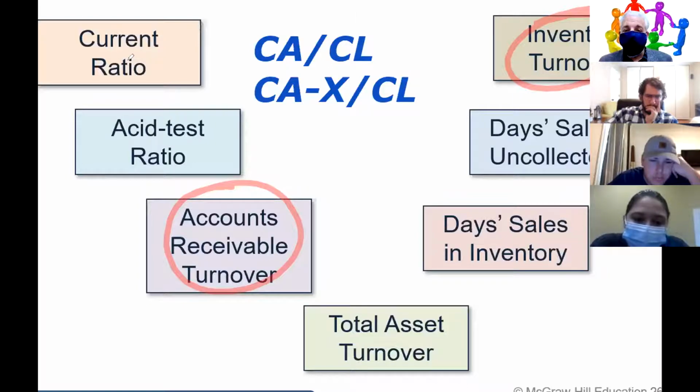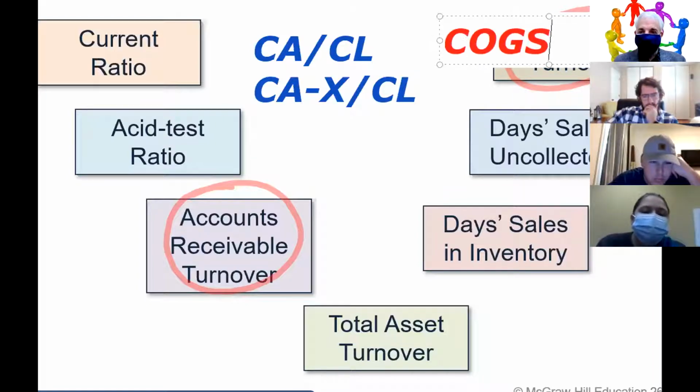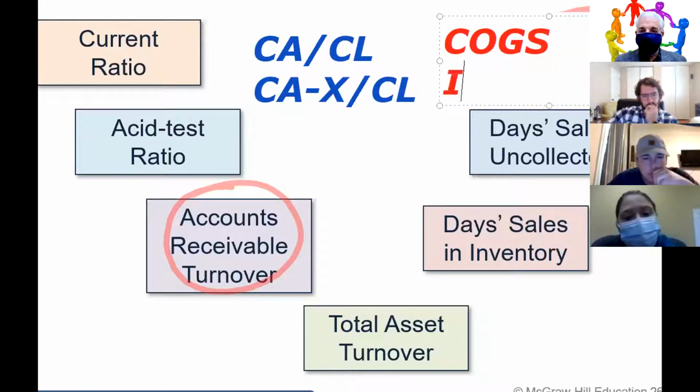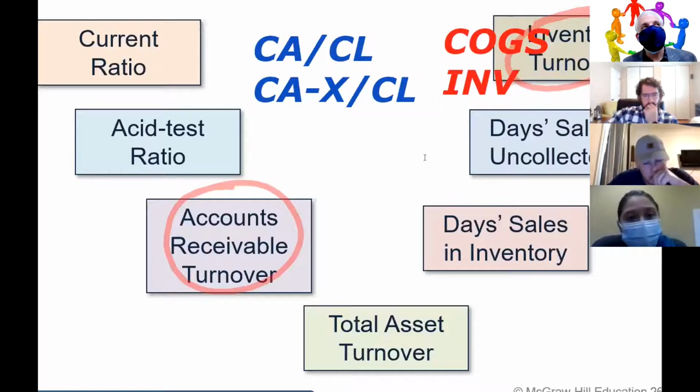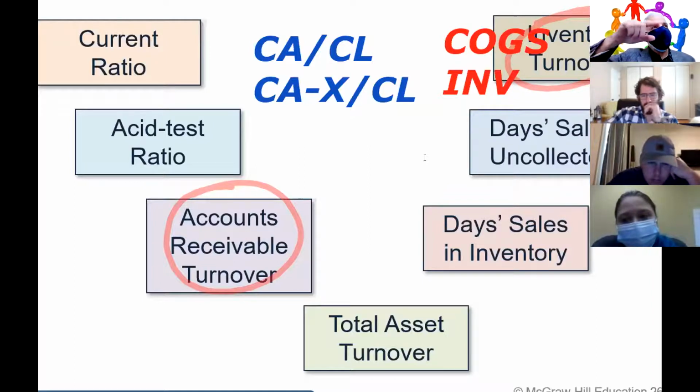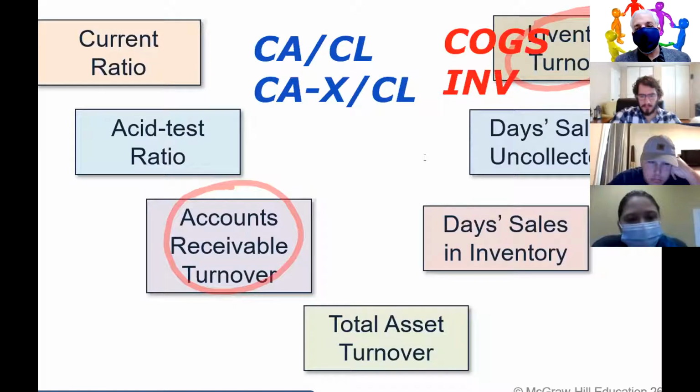But we do on inventory turnover, we've got two things: our cost of goods sold, and our inventory. Which of these is the bigger number? Inventory goes up and down, up and down, up and down. Cost of goods sold goes up, up, up, up, up. Bingo. Cost of goods sold is going to be a bigger number. We put that in the numerator.